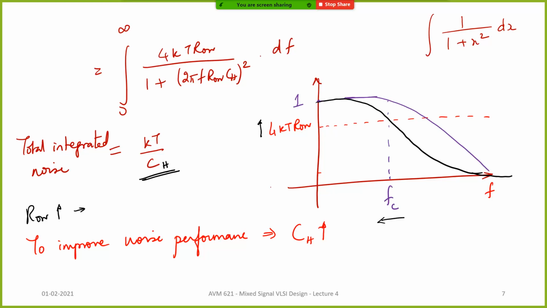You remember in the last class I was telling you that we will see why CH will usually be increased as much as possible, and that is precisely for this particular reason.